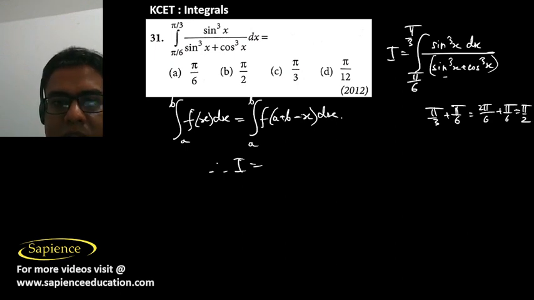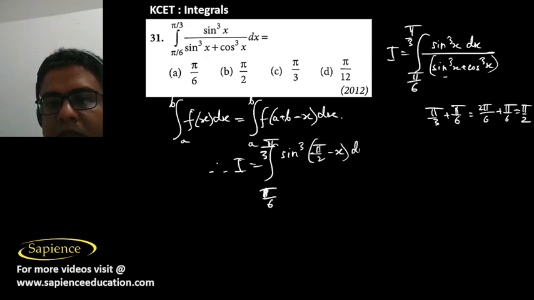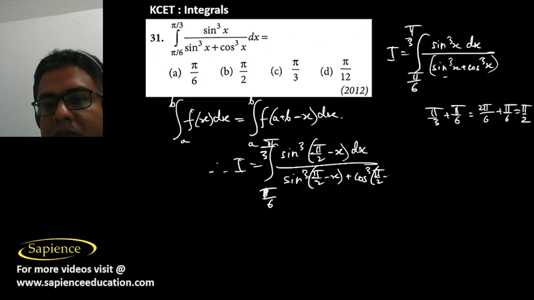So therefore I can write the integral from pi by 6 to pi by 3 of sine cube (pi by 2 minus x) dx divided by sine cube (pi by 2 minus x) plus cos cube (pi by 2 minus x) dx.